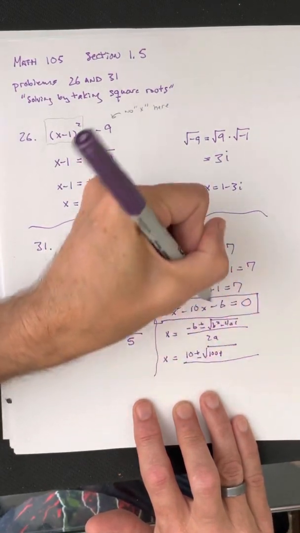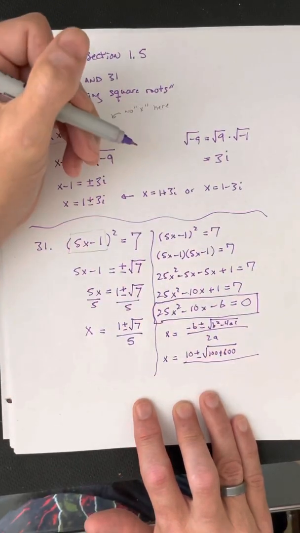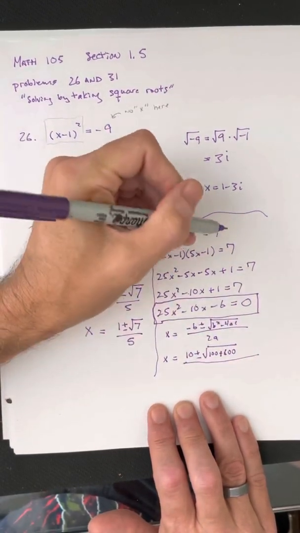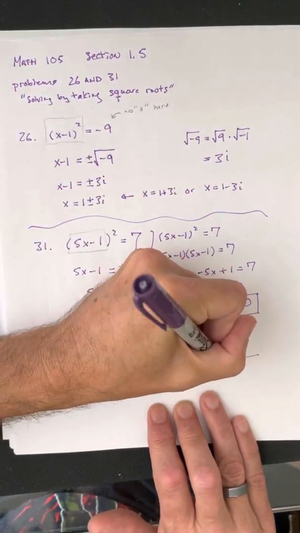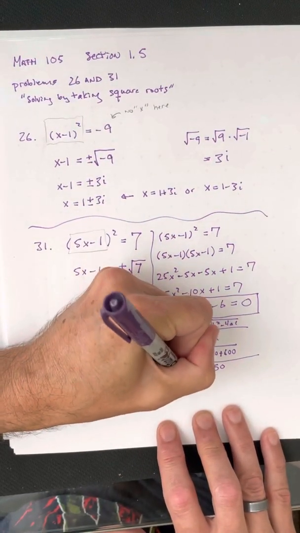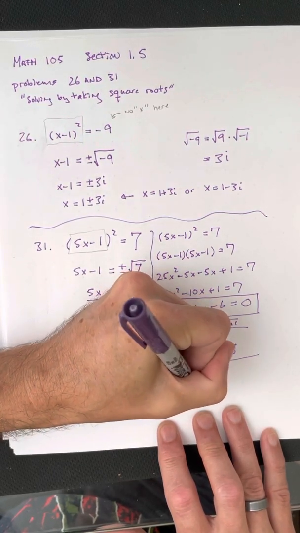But minus negative 600, that's plus 600. And that's all over 2 times a, 2 times 25 is 50. So this gives me x is 10 plus or minus the square root of 700 all over 50.